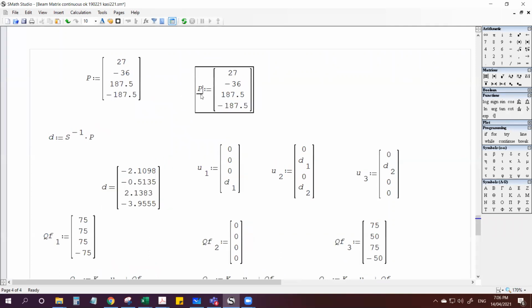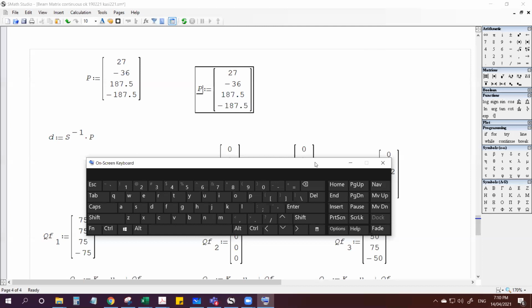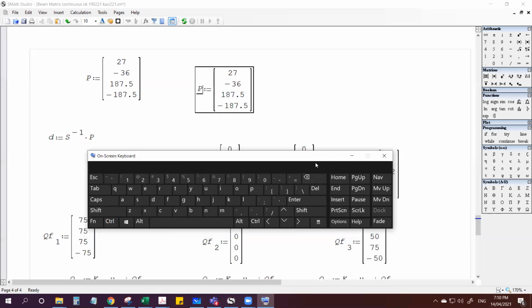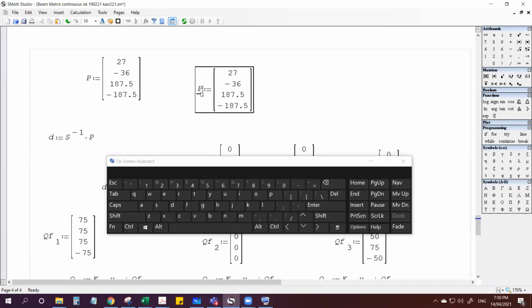To create a subscript after P, I'll show you my on-screen keyboard. So this is my on-screen keyboard. If you need to put in a subscript, press this button. Then call this P sub F.